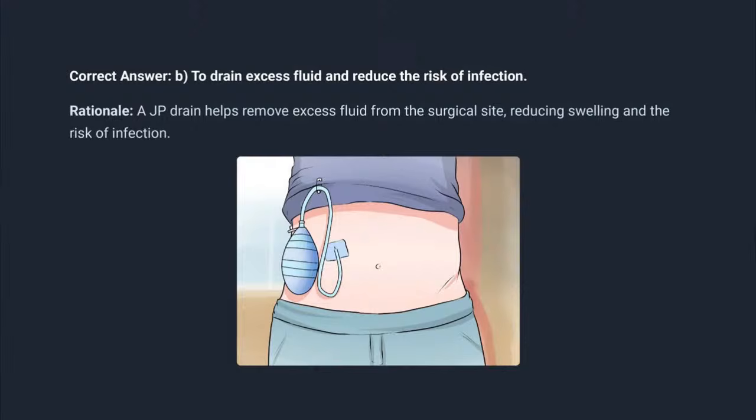We're not having a whole bunch of bloody fluid just hanging around the surgical site. The JP drain helps to remove the excess fluid from the surgical site, thus reducing swelling and the risk of infection. And don't forget that whenever your patient has a JP drain, you are to empty that drain once it is halfway full. Do not allow it to get all the way full.